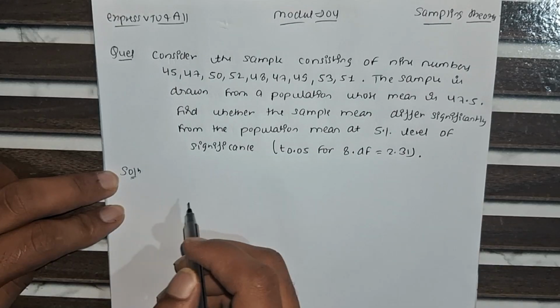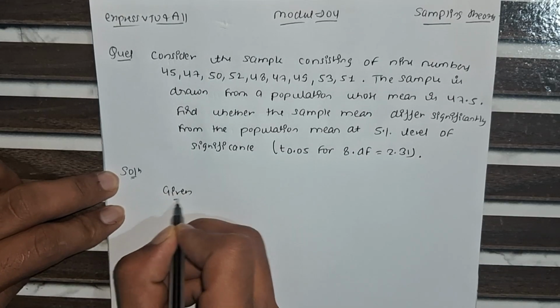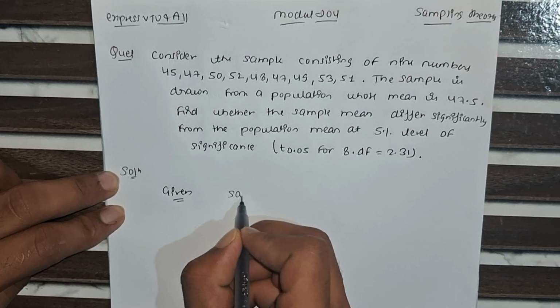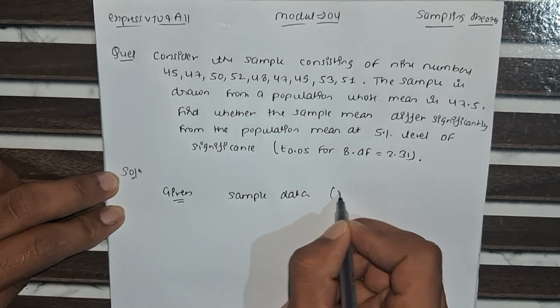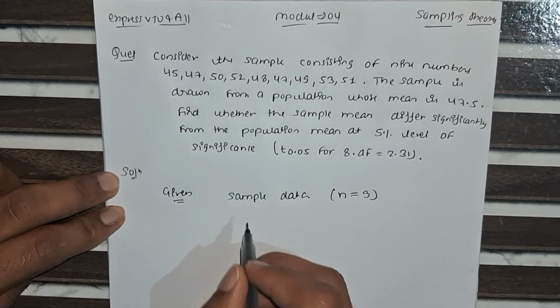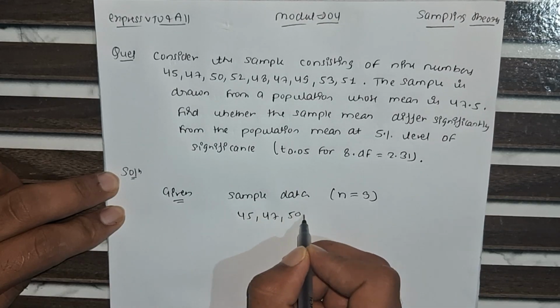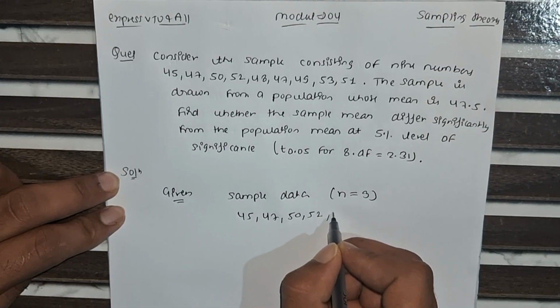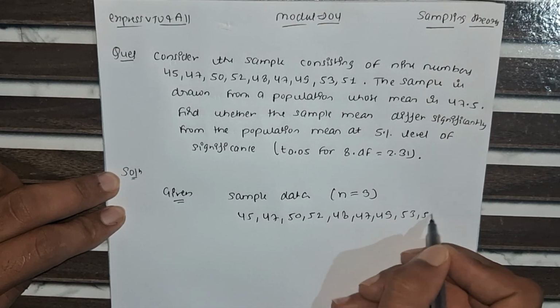So now first we write what is given in this question. Given sample data: the value of n equals 9, and the sample data is 45, 47, 50, 52, 48, 47, 49, 53 and 51.